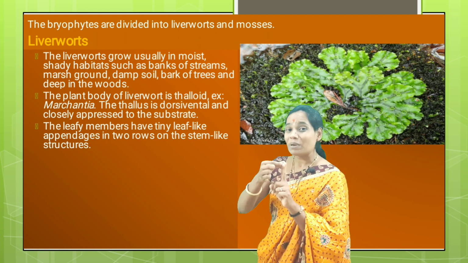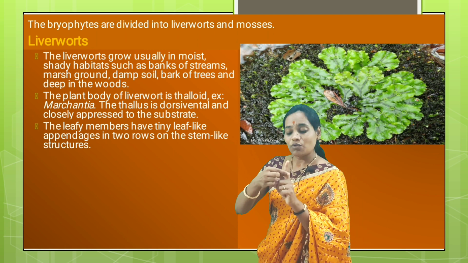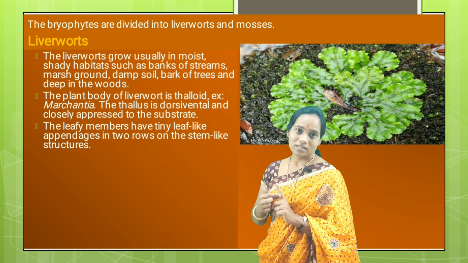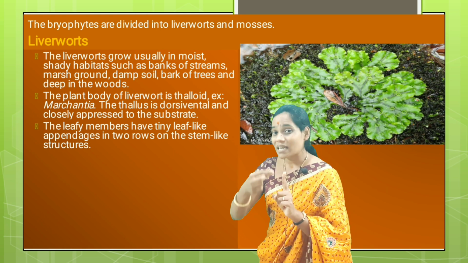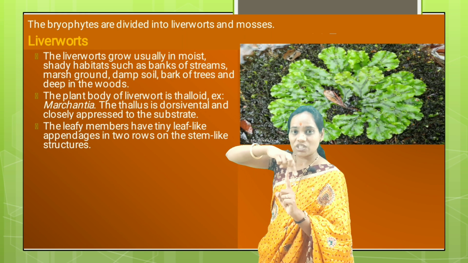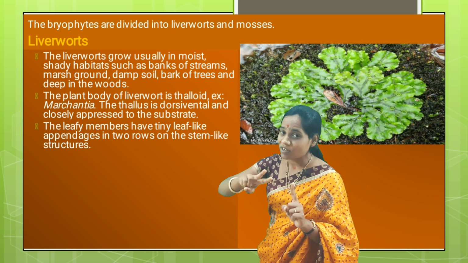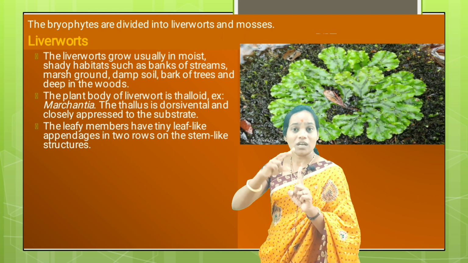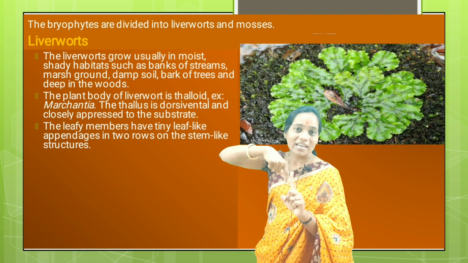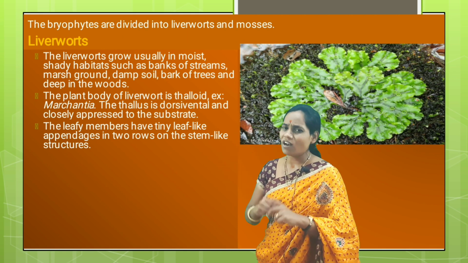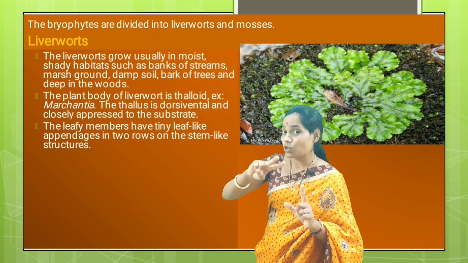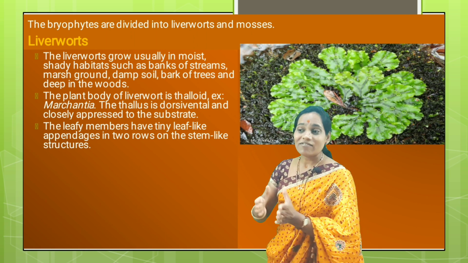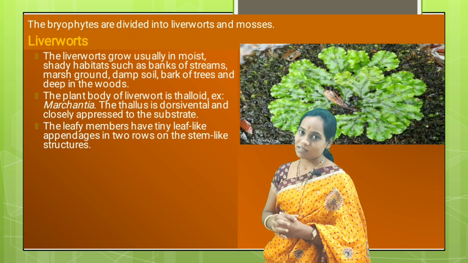Remember, in leafy members of liverworts, you find an upright stem-like structure on which two rows of leafy appendages are attached, or leaf-like structures are attached in two rows on the erect stem-like structure.